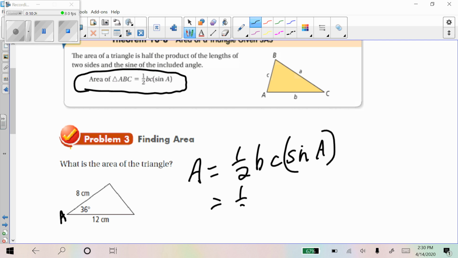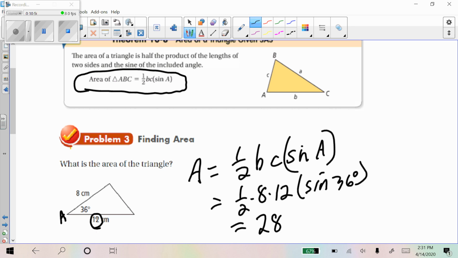So we're going to do 1/2 times 8 times 12 times the sine of 36 degrees, and we're just going to put that in our calculator. It would seem appropriate to round this to the nearest whole number, so we're going to say that this area is about 28. The reason I said it's appropriate is because these are all whole numbers, so we couldn't get any more accurate than the nearest whole number. So it's about 28 square centimeters.